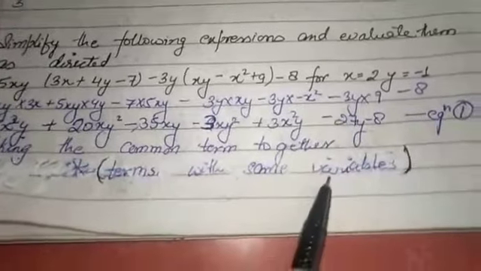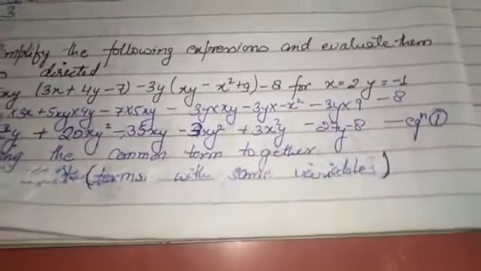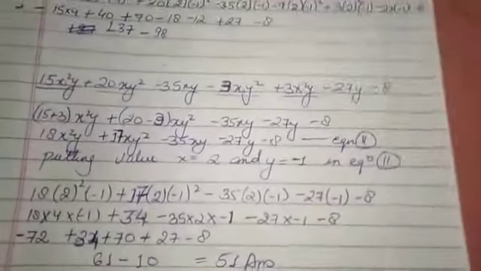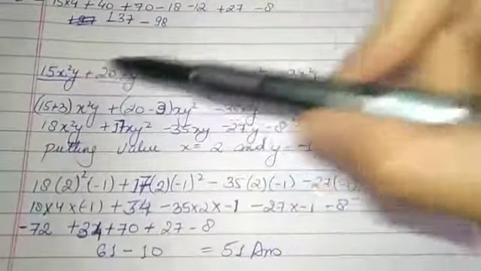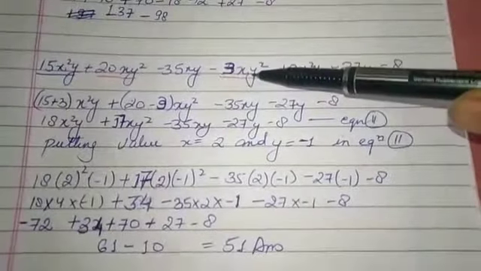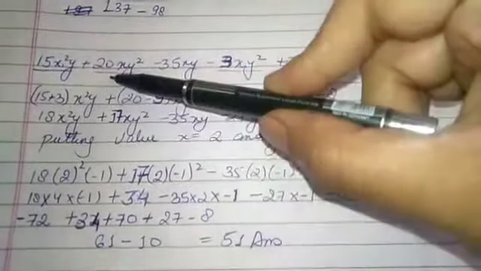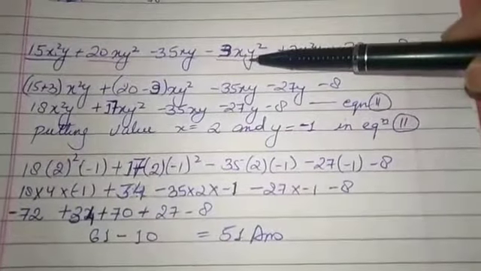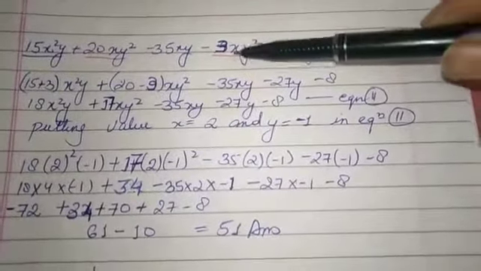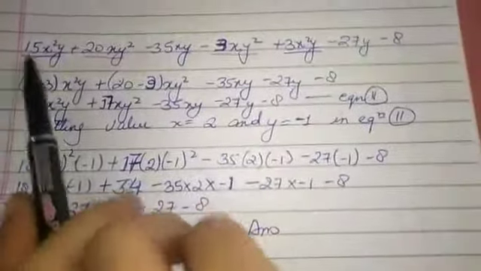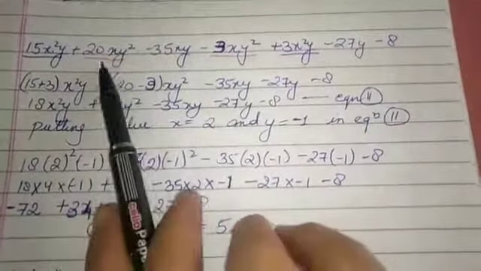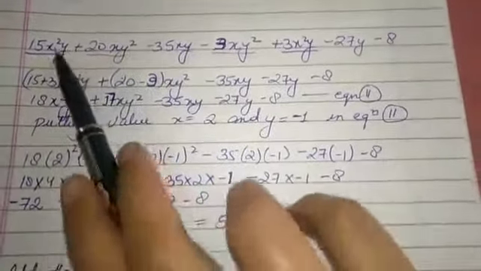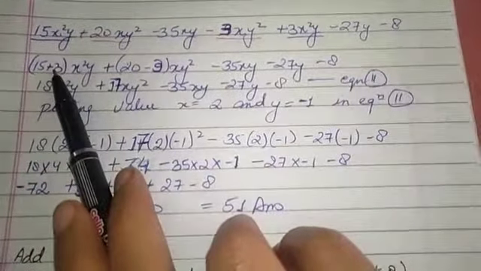Those terms having the same variable will come together and the coefficients will be added or subtracted. Like in the above equation 15x square, here it was minus 3x square, here it was 20xy square, here I also had minus 3xy square. In the same way these two terms are the same, so they can be added or subtracted.